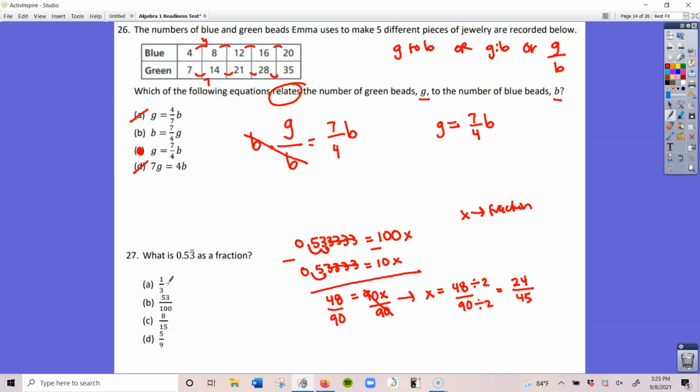This is still not one of these options, so we have to simplify this again. 24 and 45 are not both even numbers, so let's see what happens if we divide by 3 instead. 24 divided by 3 is 8. And 45 divided by 3 is 15. So my answer here would be C.